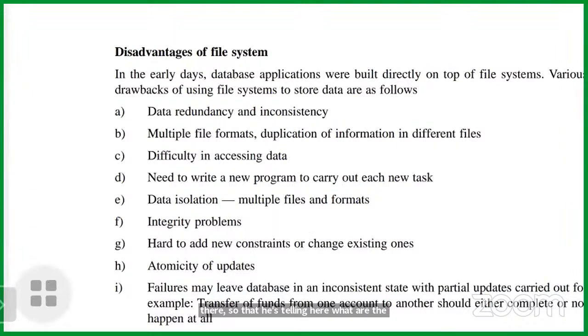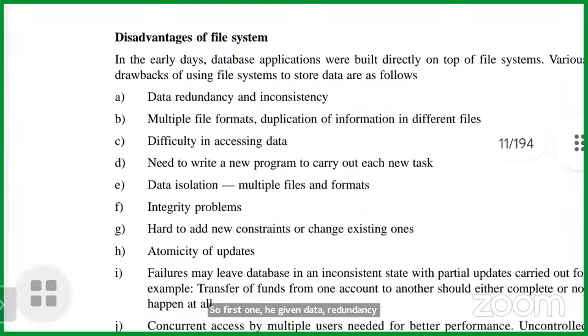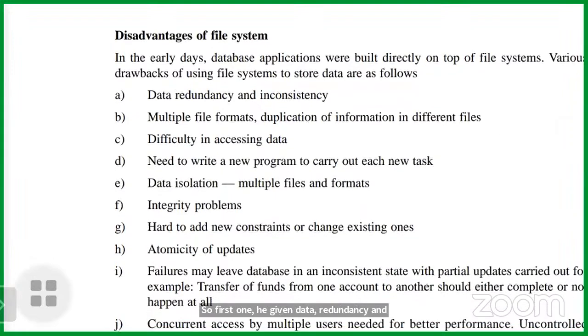First he gave data redundancy and inconsistency. What is the meaning here? Redundancy means duplication of data. So in a file system, duplicated data will be stored more. Generally, duplication of data, I think all of you know about WhatsApp.